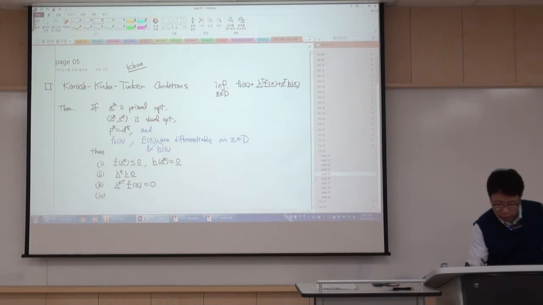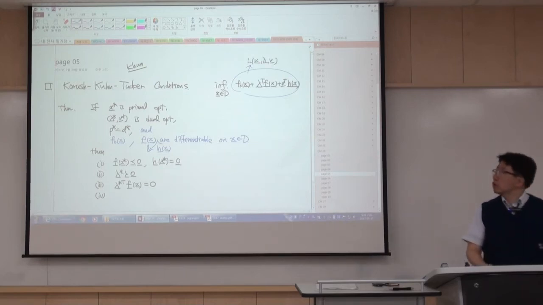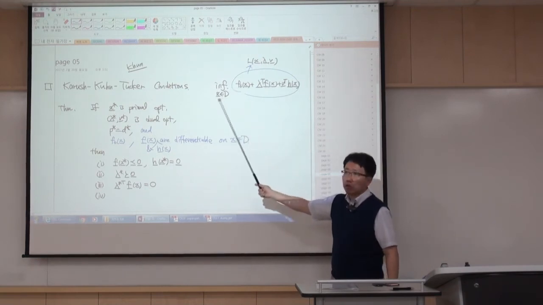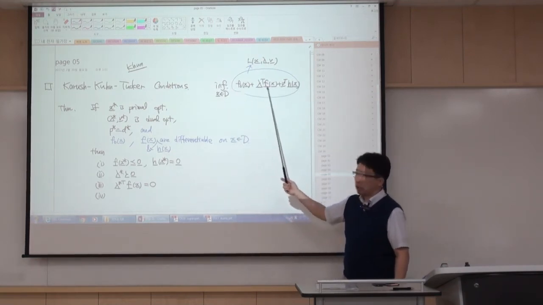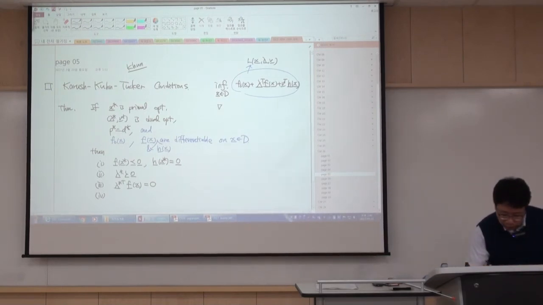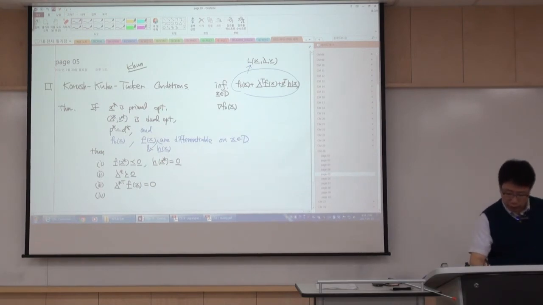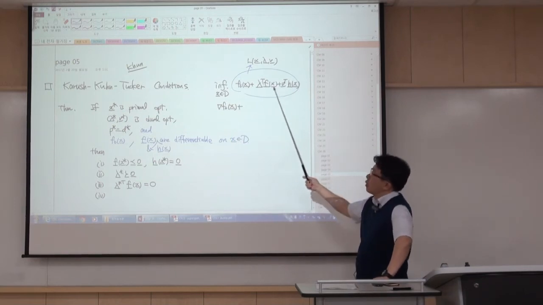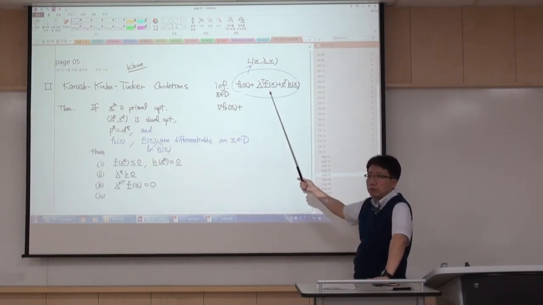Then what do we have? Now we view L as a function only of x, right? Because we infimize over x. So we differentiate and set it to 0. So first we have gradient of f0 of x plus. Now, how can we differentiate this term with respect to x? Confusing?